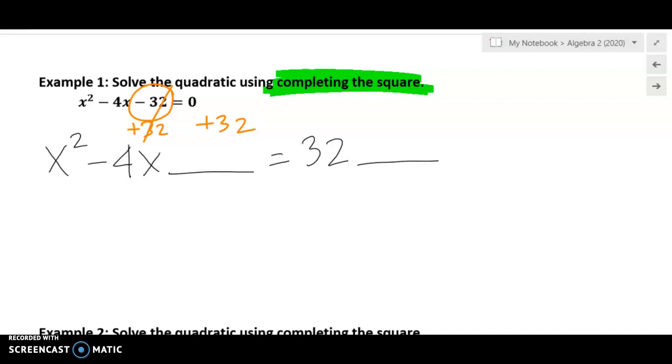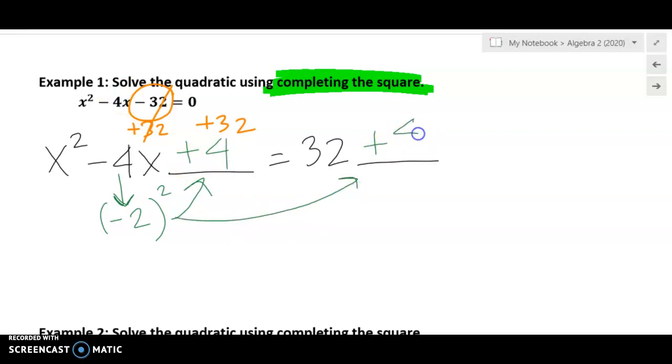Okay, from here, this is just kind of a pattern. I'm going to take half of this middle term. So half of negative 4 is negative 2, and I square it. Negative 2 squared is a positive 4, and you fill that in to the blank spaces. Now, I'm going to jump a little bit.